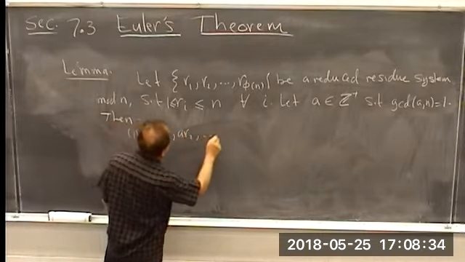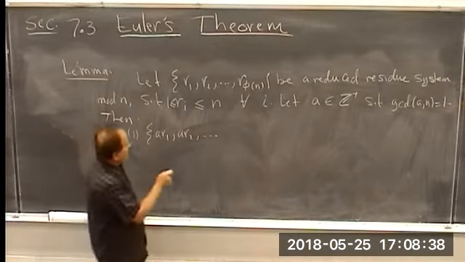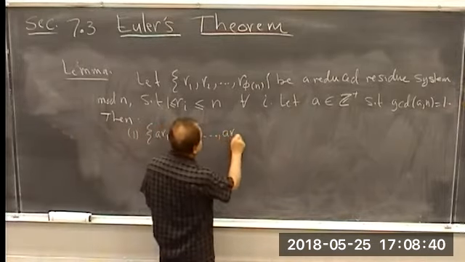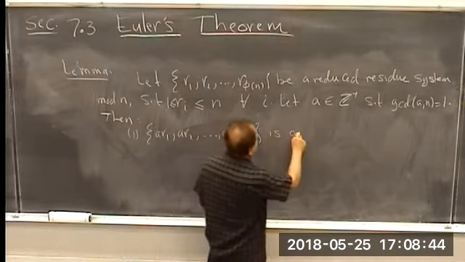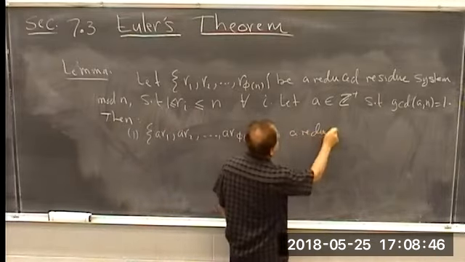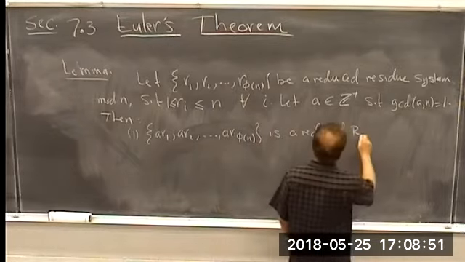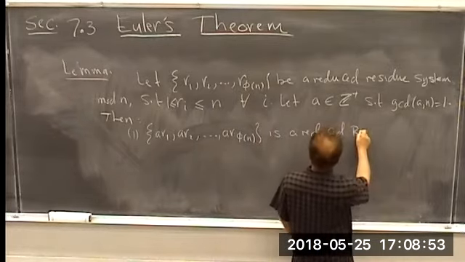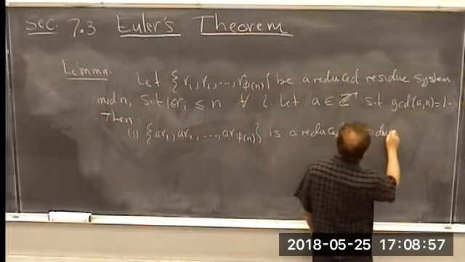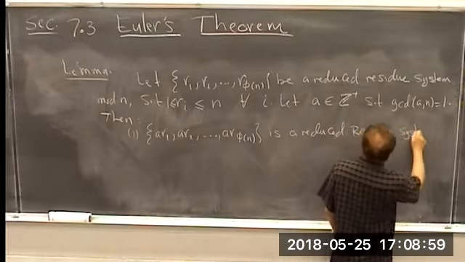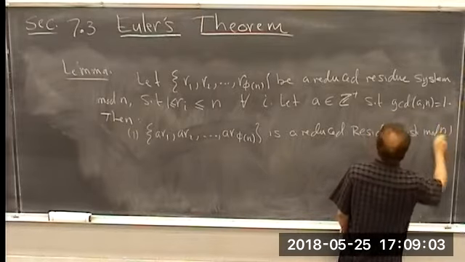In other words, if I multiply each of the elements of the residue system by a, this one is a reduced residue system mod n.